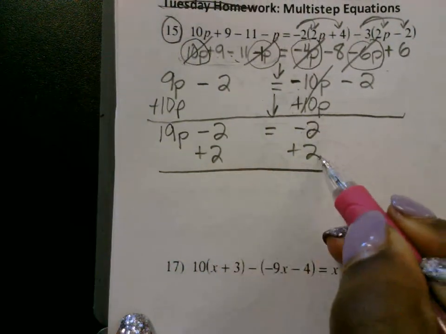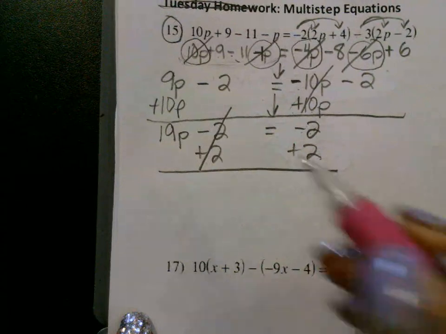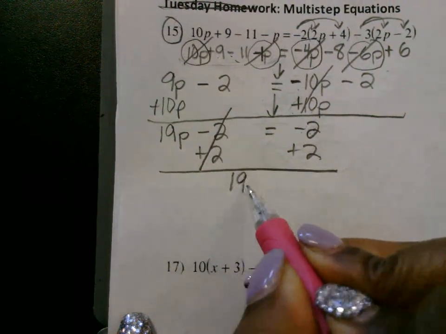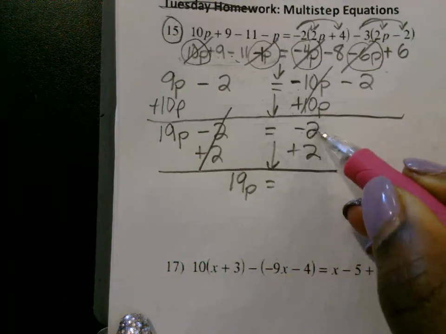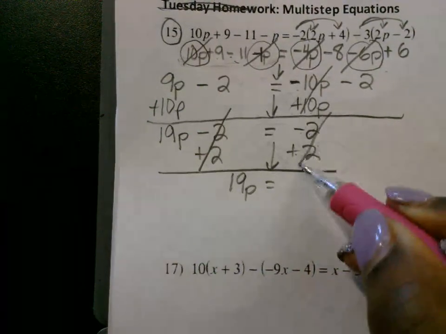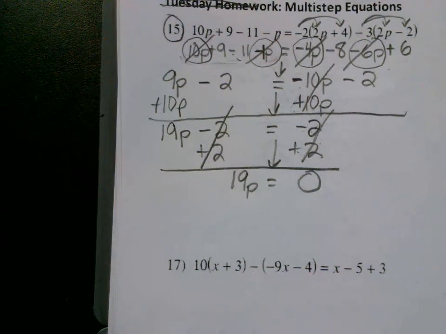When you add 2 to both sides, this is 0. So you're left with 19p over here. Bring down the equal. Negative 2 plus 2 is also 0. Good.